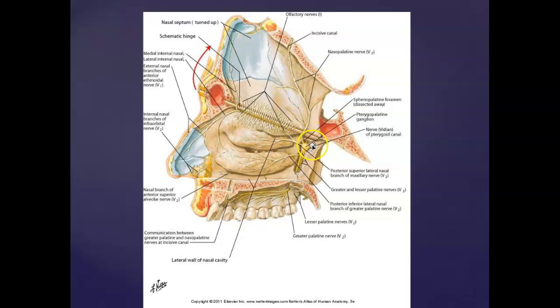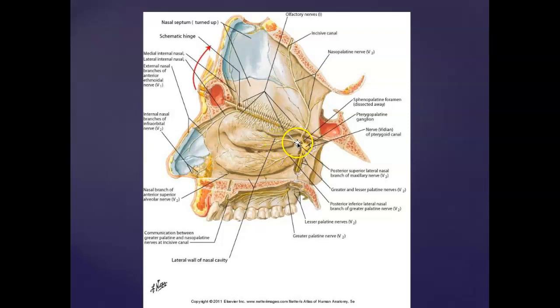So let's take a look here and see some of this. Now, the big nerve I think is important to notice right off the bat here is this pterygopalatine ganglion right here, housed within the pterygopalatine fossa. There's the parasympathetic ganglion, and you can find this right in the back of the nasal meatus.